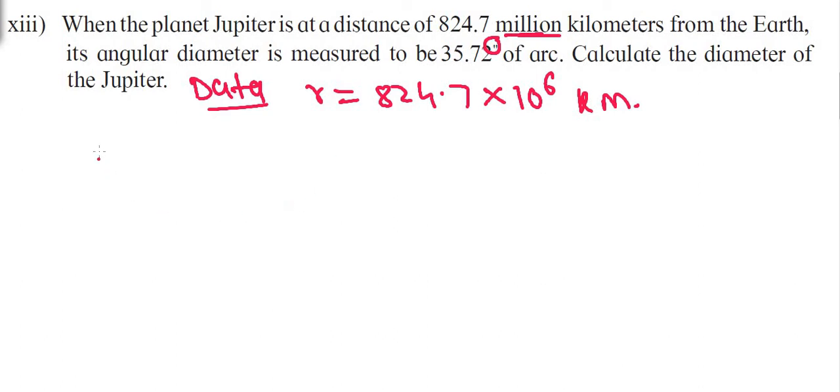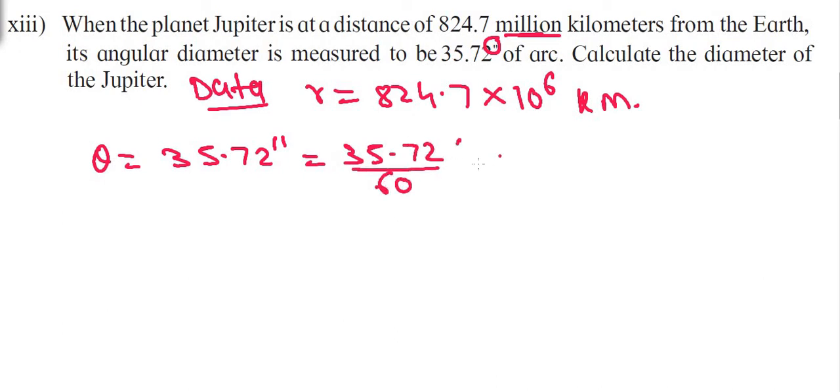Now theta is also given. Theta is equal to 35.72 second. Now let us convert this 35.72 second to minute by dividing it with 60, and further convert that to degree by dividing it again by 60.